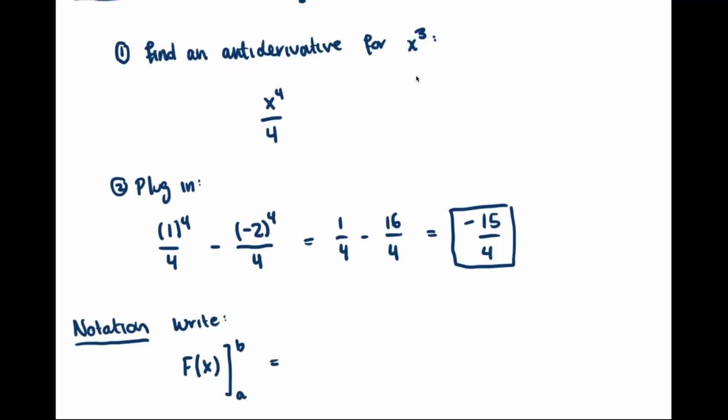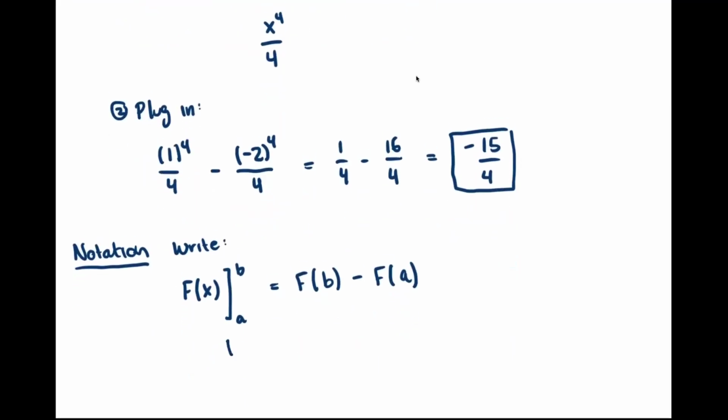This means plug in b, and then subtract what happens when you plug in a. I would read this as f of x evaluated at b and a.